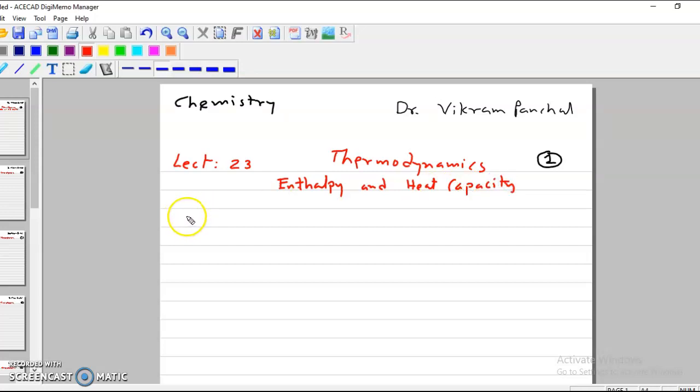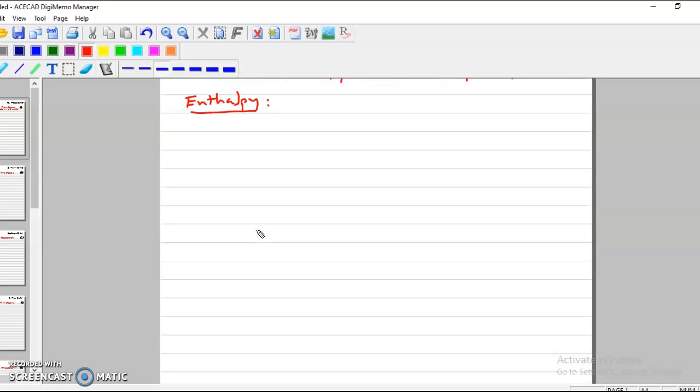So let us take first of all enthalpy. The symbol of enthalpy is H. So we represent enthalpy with H.